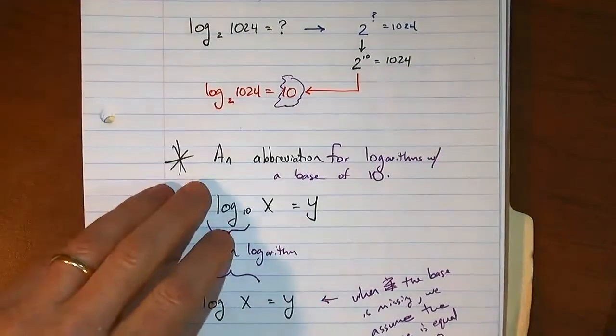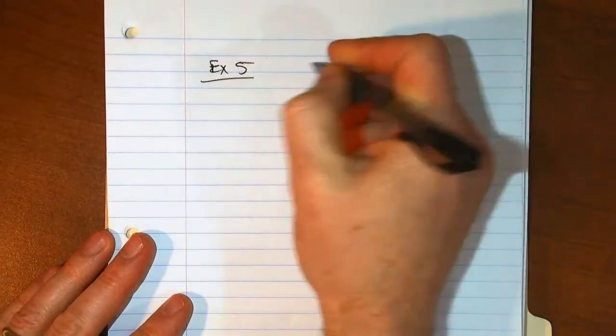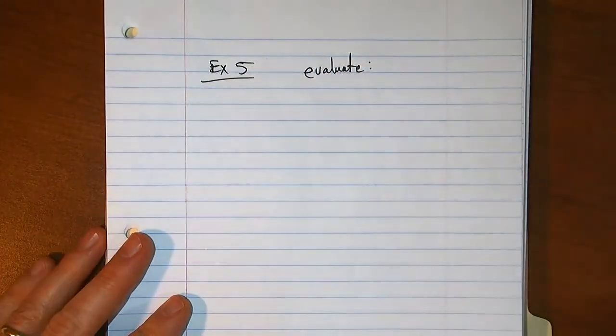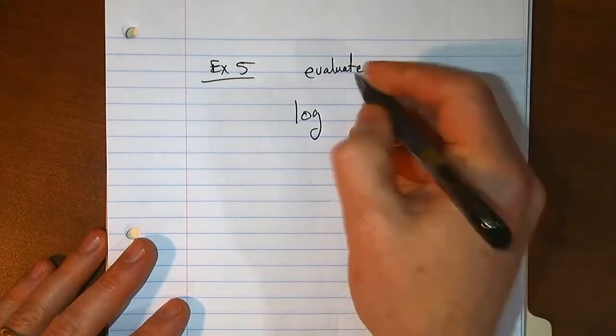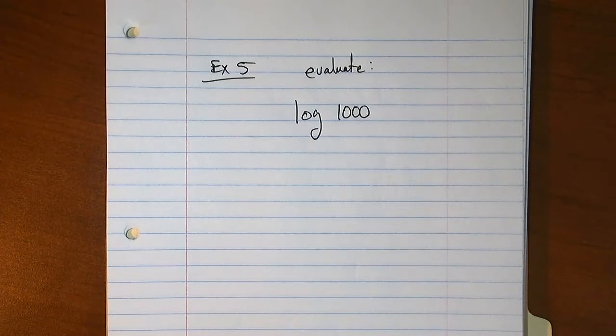Now, we're going to finish with a final example using the common logarithm, and then that'll be it for this video. We'll be done. So here we go, example number 5. Evaluate the common log of 1,000. Because it's common log, this is the way they'll write it.